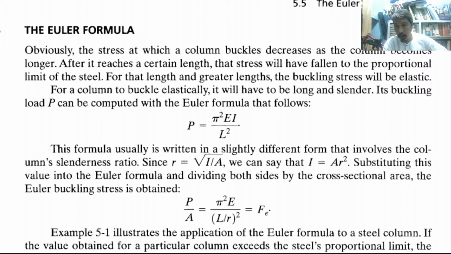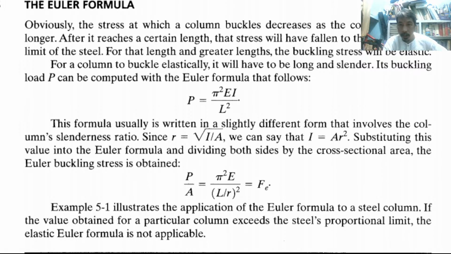Really, the Euler formula is the basis of so many things with respect to compression members. Obviously, the stress at which a column buckles decreases as the column becomes longer.